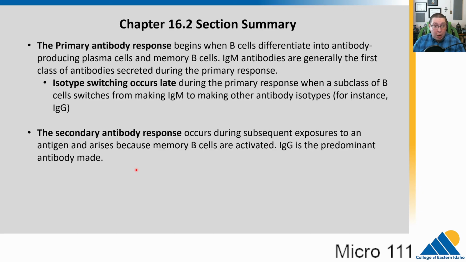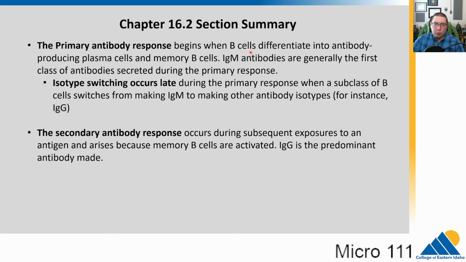When we have an antibody response, the first response starts with B cells differentiating into plasma cells and memory cells. The plasma cells make lots of antibody. The memory cells go to the bone marrow, stay there, keep that memory alive. We start with IgM being made, but it's not as strong at destroying the microbes.